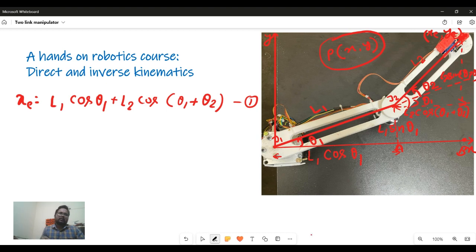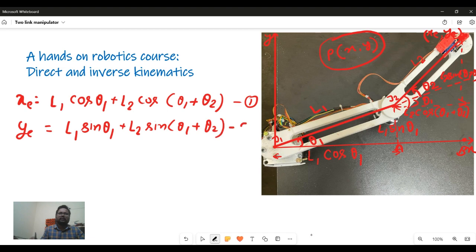Again, YE will be this distance plus this location to this location, so this will be L1 sin theta 1 plus L2 sin(theta 1 plus theta 2). This is equation number 2.